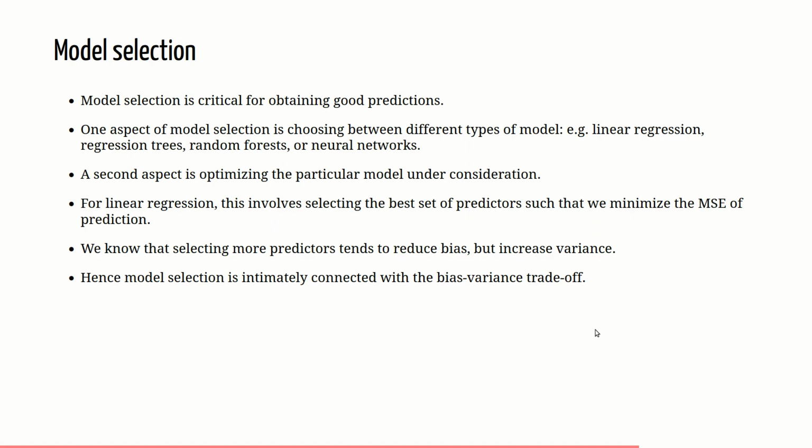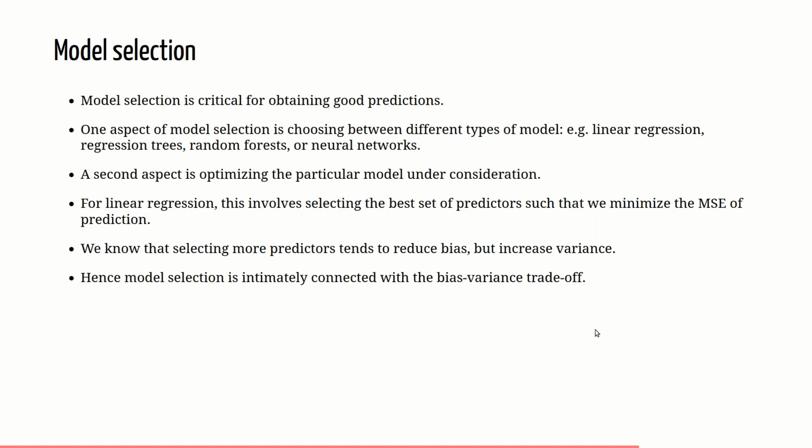So that gets us to model selection. Model selection is really important for obtaining good predictions. And one of the key ideas of model selection that we'll be looking at as we look at different model types is which model type we should use. Like, should we use a linear regression? Should we use a random forest or a neural network or something else?